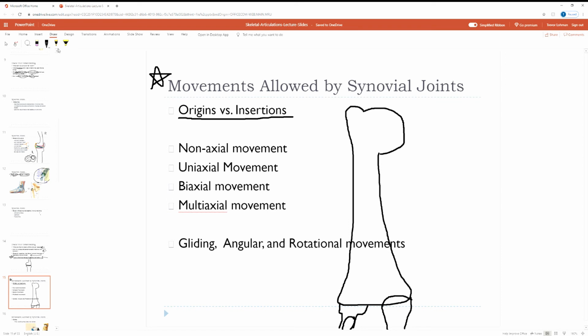So now picture we've got this big biceps muscle here. It's made of two heads, and then it has a tendon that inserts on the radial tuberosity, and then it has two tendons up here.